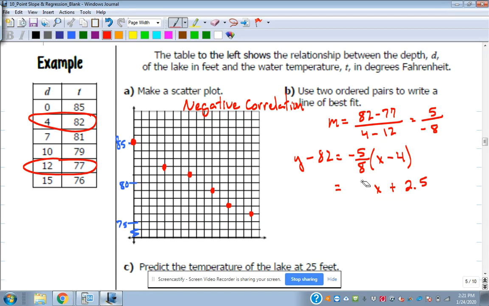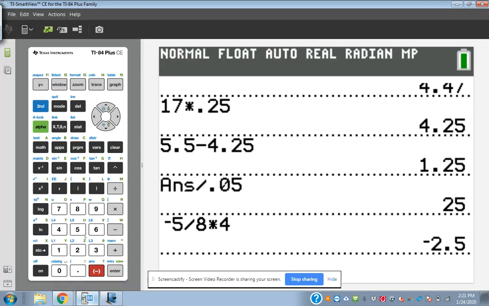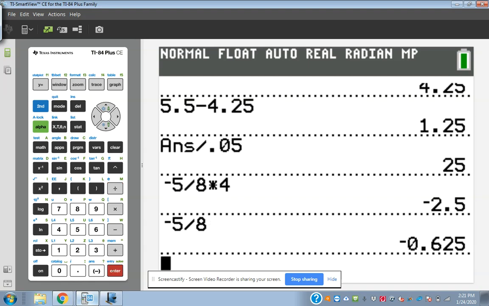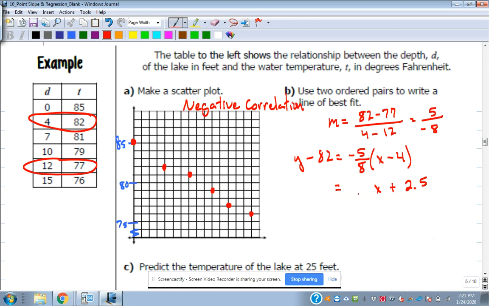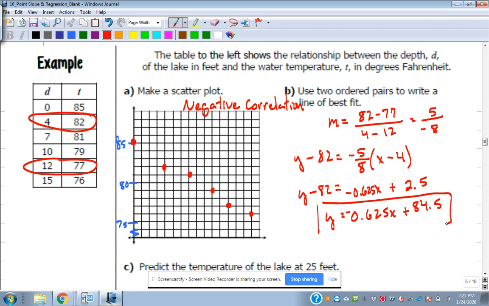I'm going to change negative 5/8 to a decimal too, because we're going to compare this to what the calculator does, and it's going to be in decimal too. 0.625. And then add 82 to that, so y is equal to negative 0.625x plus 84.5. That's what I think is the equation of best fit by eyeballing it.